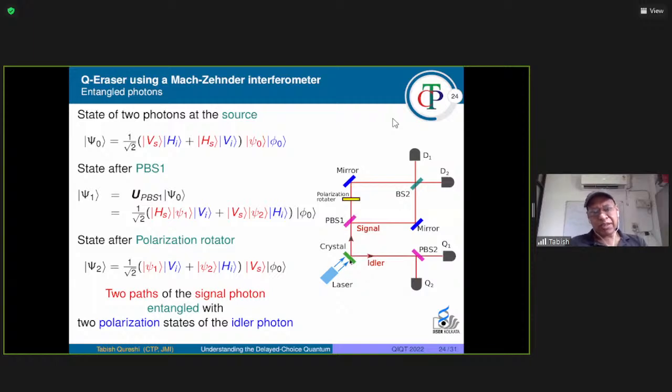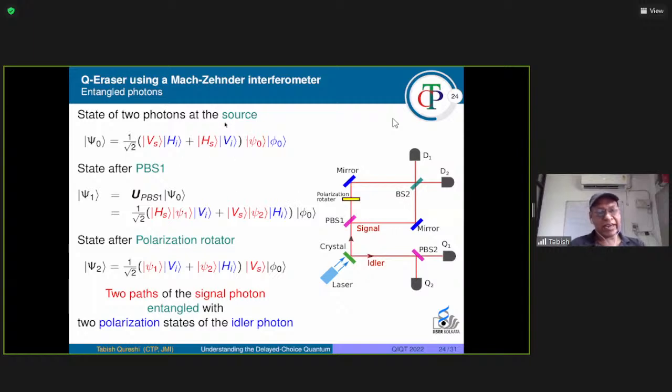This crystal and this arrangement is such that these photons which are generated are entangled in the polarization. The state of the photon at the source will be this. S subscript is for the signal photon, which is coming here, and I subscript is for the idler photon, which is coming here.